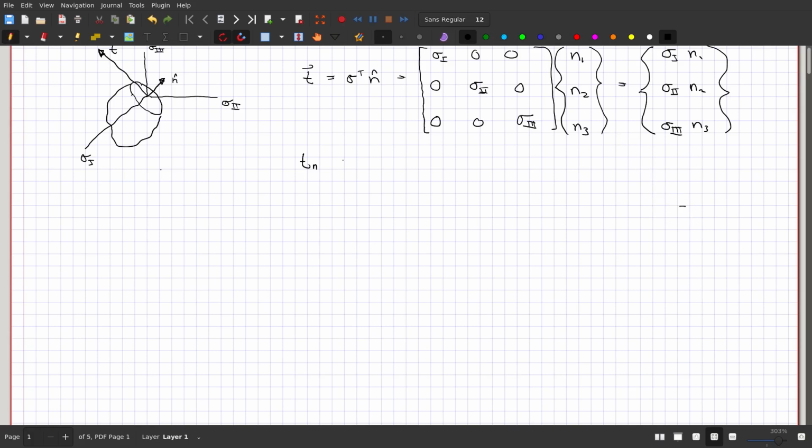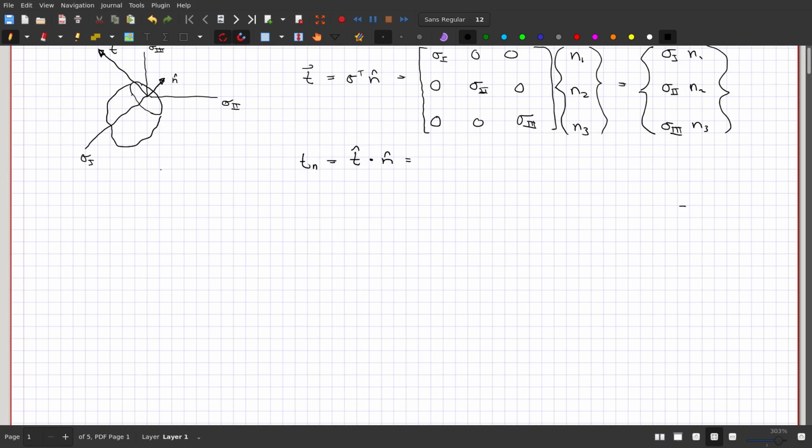So mathematically that means we're going to take the t vector and dot it with the normal vector. And that'll give us the component of the traction vector in the normal direction, right? And our traction vector is defined over here on the right-hand side, so basically just dot that vector with the normal vector.